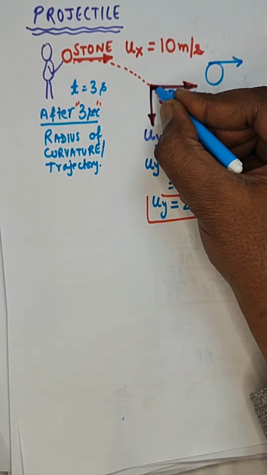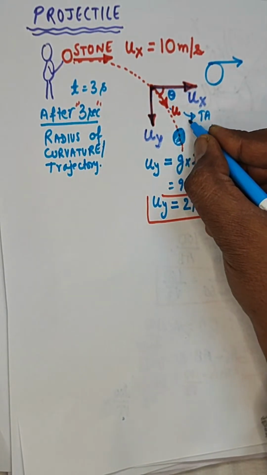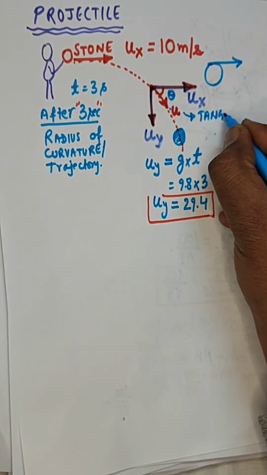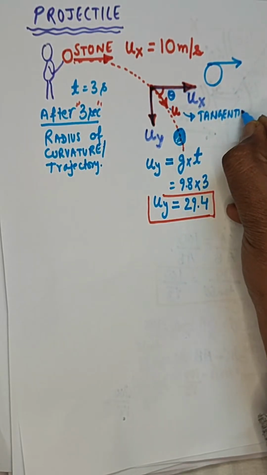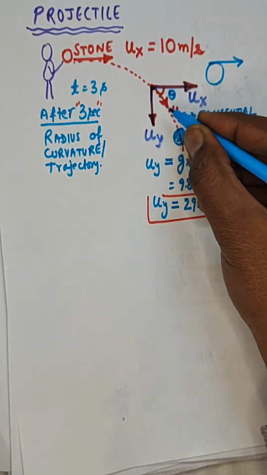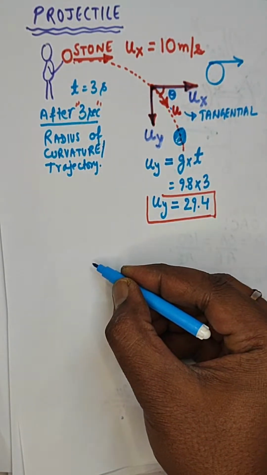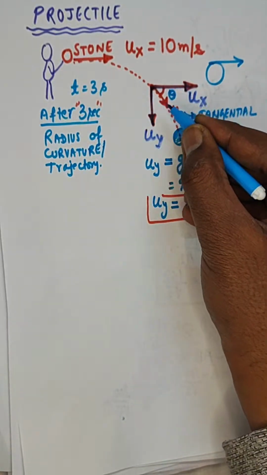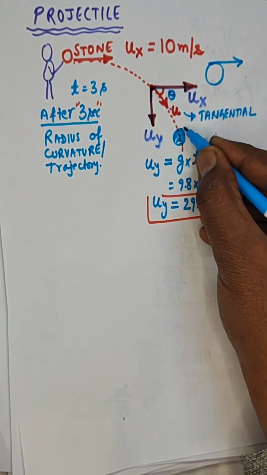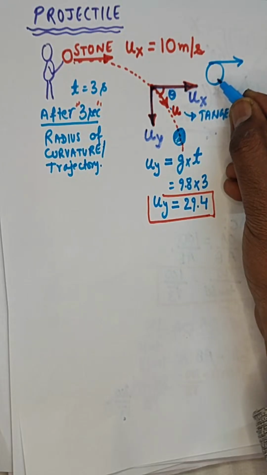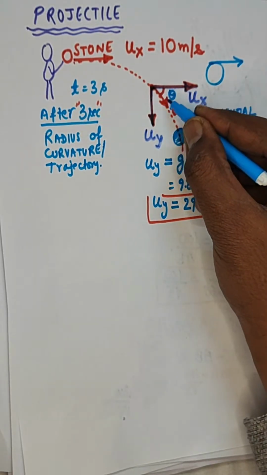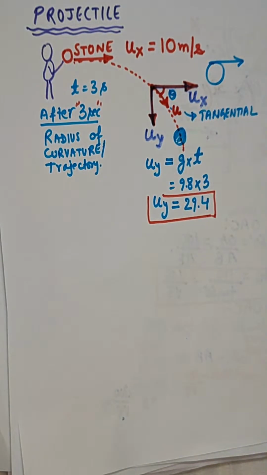Just consider this dotted line as a circle for the time being. If this is the circle, then the tangent is like this, as we did in the circle chapter also. So we have that concept, right?